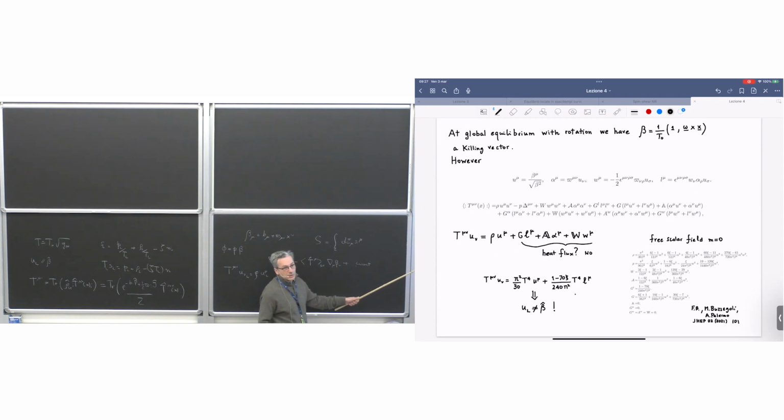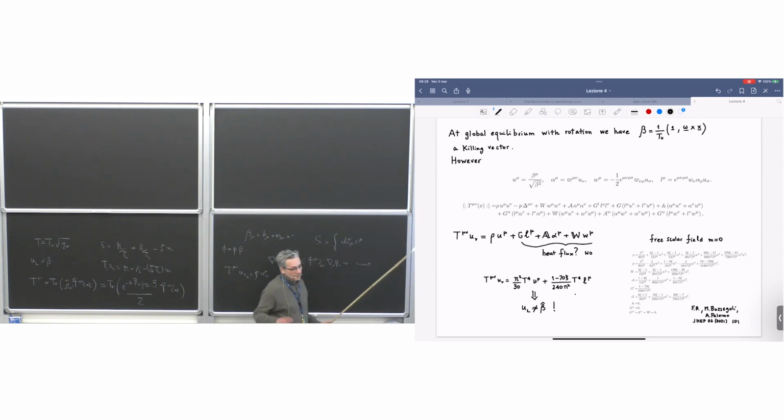And then you have plus 3 terms. Okay, this is expected because this is a vector field, G, A, and W, which are coefficients associated to L, to this vector, to alpha, which is proportional to the acceleration, and W, which is proportional to the local vorticity.